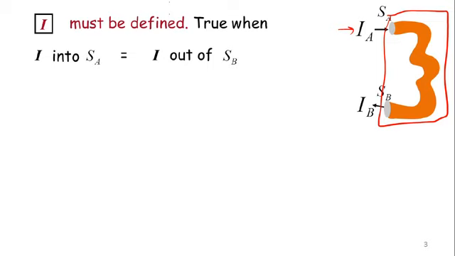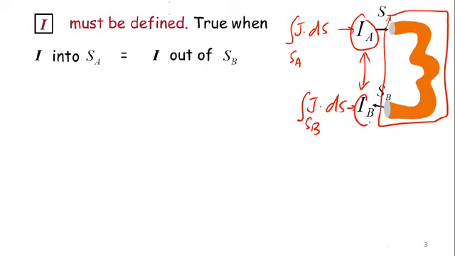IA is given by the integral over SA of J dot dS, and IB is the integral over SB of J dot dS, where J is the current density, and I've just integrated over the SA and SB surfaces to get the current. As I said earlier, my current I is uniquely defined if I can show that IA equals IB.